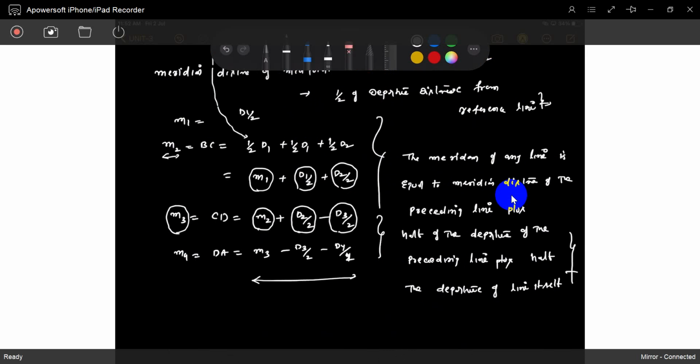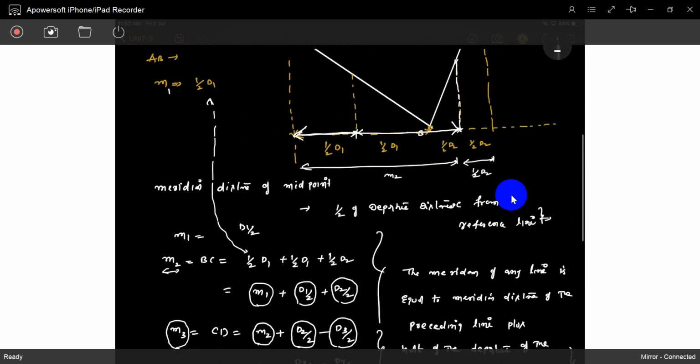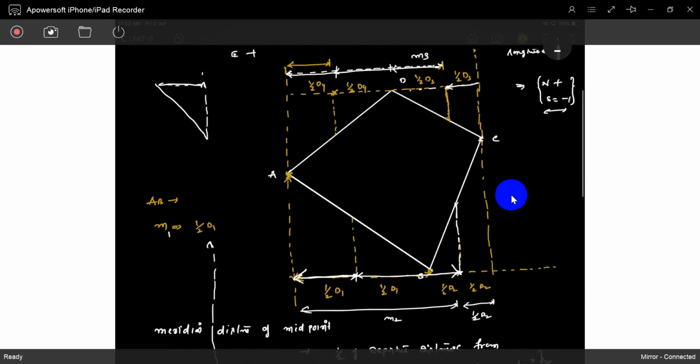So how can you find out the area? That is important. We want to find out the total area. So how can I divide it?